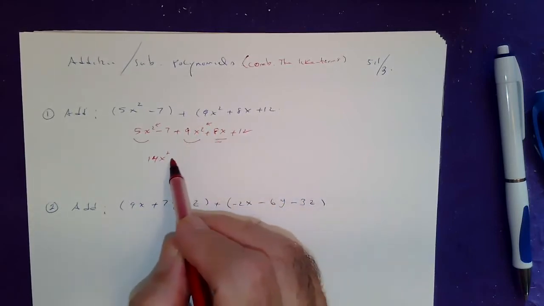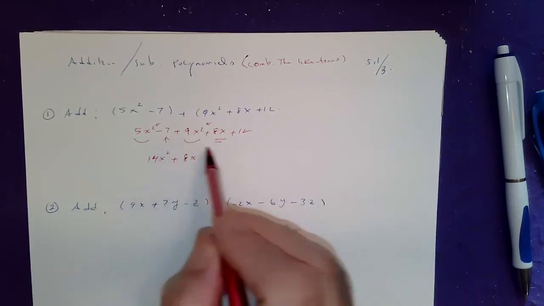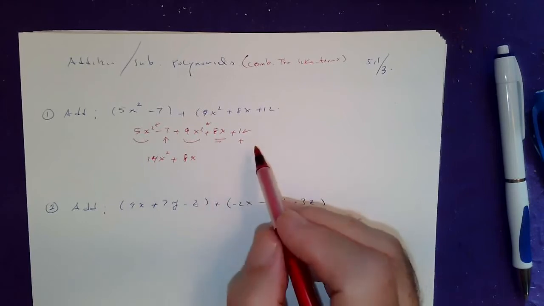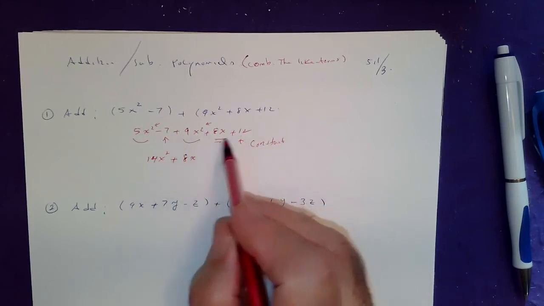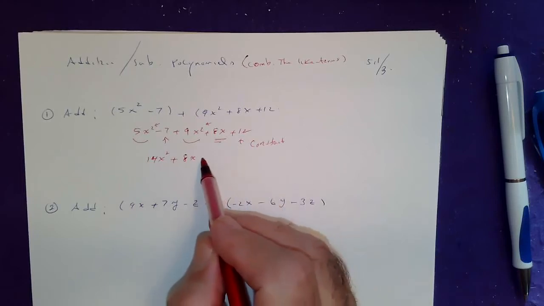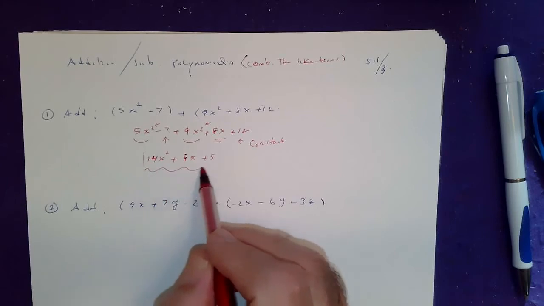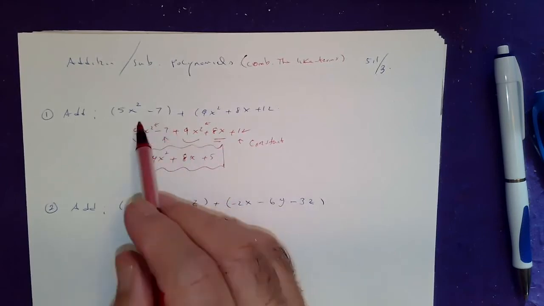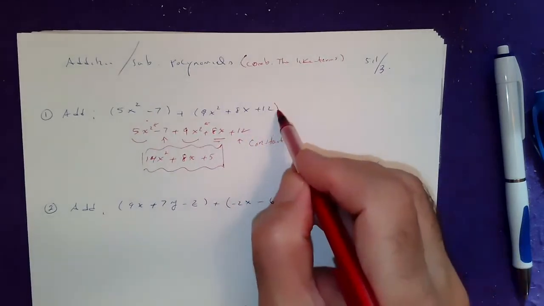This guy is one of a kind, so I'm just going to copy that over. But the numbers, which are called constants, I get to add 12 plus negative 7, which is plus 5. So that's the sum of those two polynomials. This is a binomial, that's a what? Trinomial.